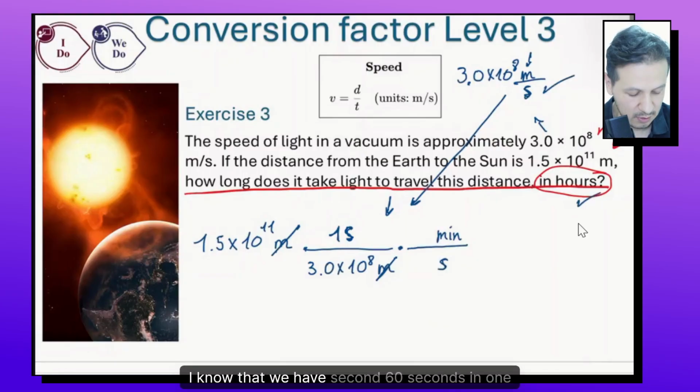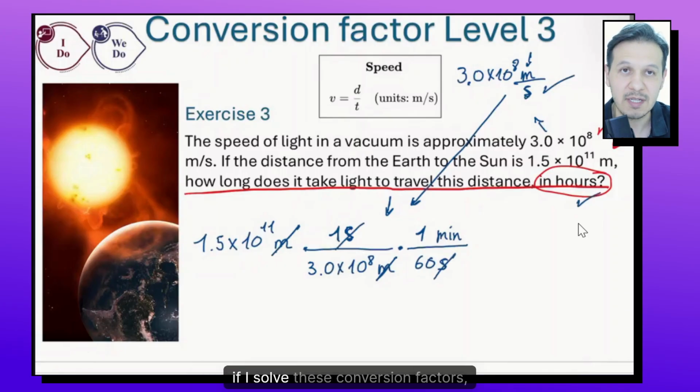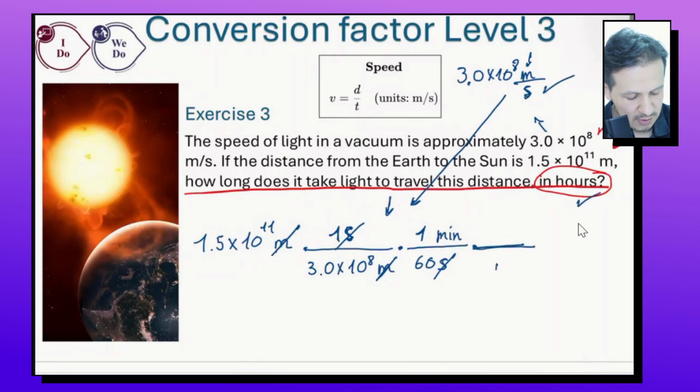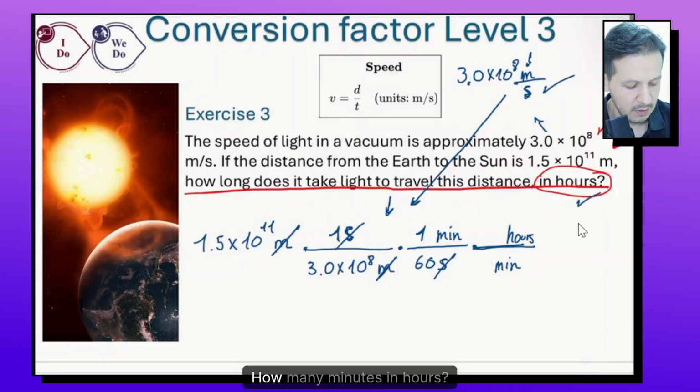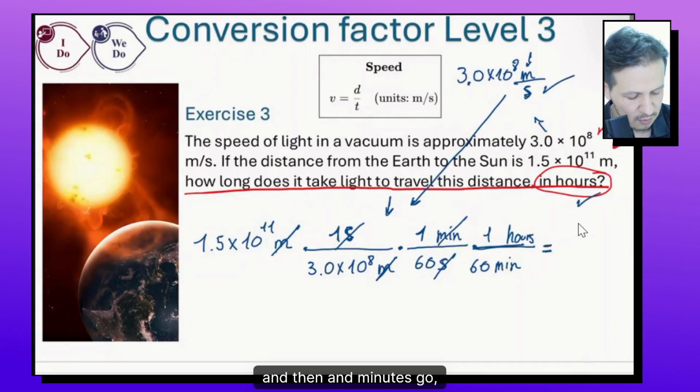I know that we have 60 seconds in 1 minute. So I am canceling seconds, and so far, if I solve this conversion factor, my answer will be in minutes. But this is not the question. The question is in hours. I will put minutes down, and I will put hours. How many minutes in hours? So I will say that 60 minutes is 1 hour. And then minutes cancel, and my answer will be in hours.